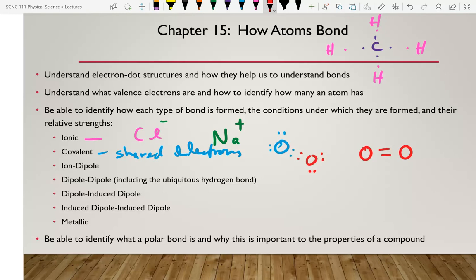Covalent bonds, really strong. We saw yesterday, actually, I guess it was Wednesday, those carbon-carbon covalent bonds are really strong. Ion dipole. Now we get to things that are a little more curious. If you have an ion, like a sodium ion, and it comes up to something that has a neutral structure, that sodium ion, if it's close, it's positive, it's going to attract electrons, making the thing that was neutral now polarized.